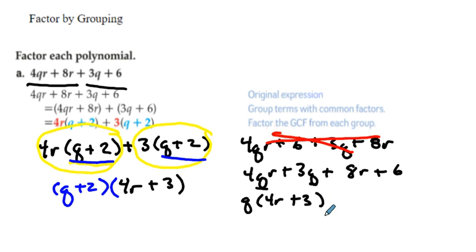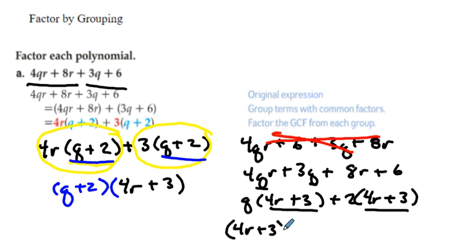All right, well, that looks nice, but it doesn't really help us until we do something here. And so with this, we agreed earlier, or I said, we can pull a factor of 2 out of 8 and 6. So I'm going to pull 2 out, and that gives me 4r plus 3. And look at that. We've got the same thing. So we can do exactly what we did here, but this time we're pulling the 4r plus 3 out front. And then what's left is q plus 2.